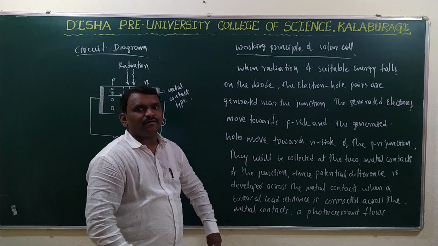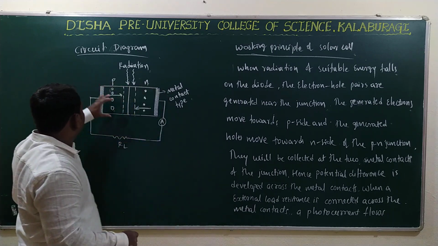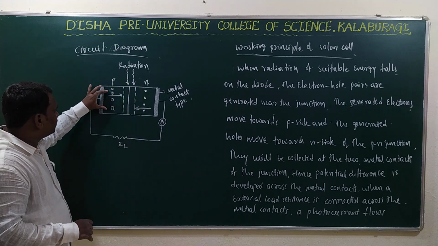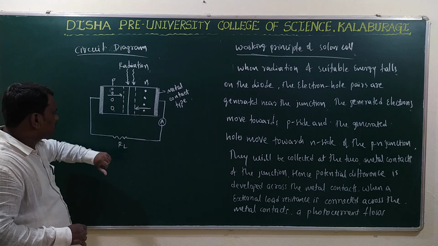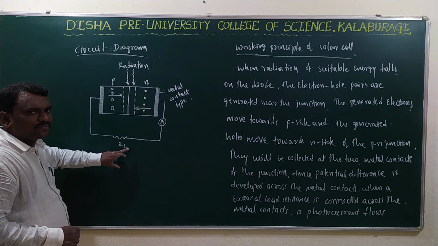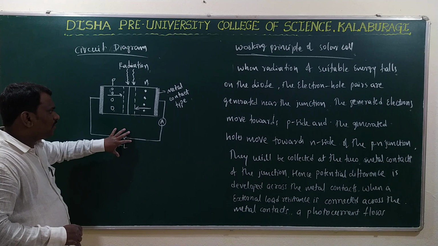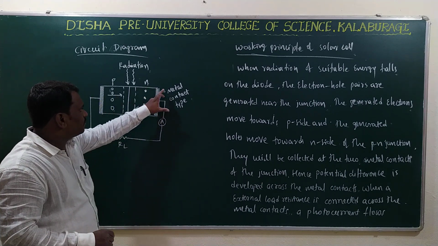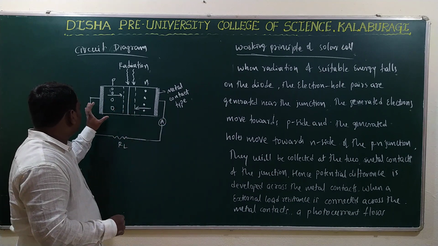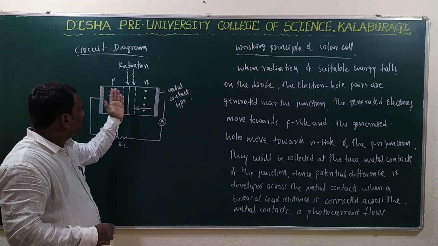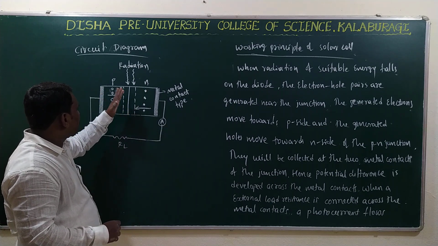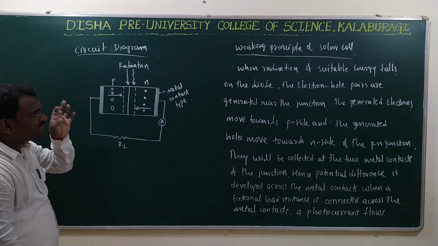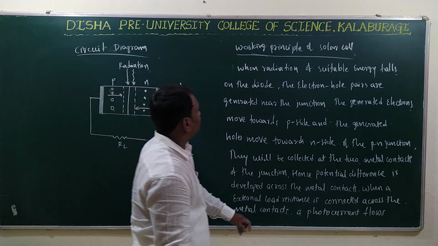The circuit diagram of the solar cell is like this. Here radiations fall on the P type and N type, where the majority charge carriers are present. Here the load resistance carries the current. Both sides have metal contacts across the PN junction diode. Here an ammeter is connected for measuring the current.